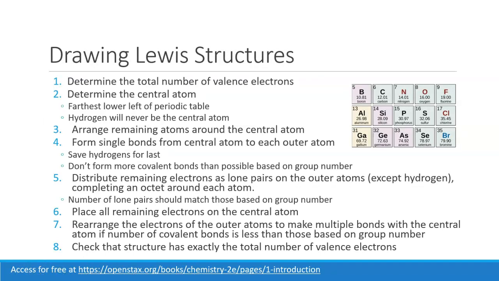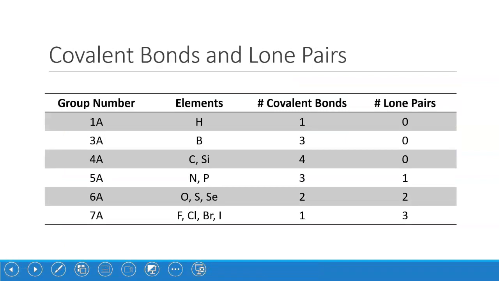After we have formed our single covalent bonds, then we're going to start distributing the rest of the electrons that we have as lone pairs, first around the outer atoms and then around the central atom. Again, we always want to keep this table in mind, what the number of lone pairs should be depending on the element.